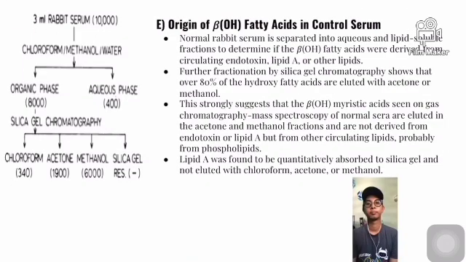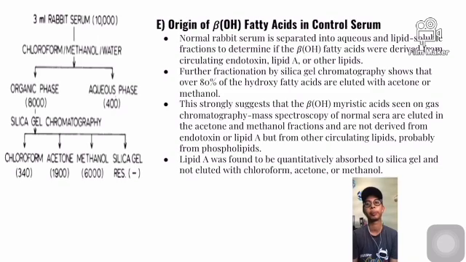The result of origin of beta hydroxy fatty acid in control serum. Normal rabbit serum was separated into aqueous and lipid soluble fractions to determine if the beta hydroxy fatty acid would derive from circulating endotoxin, lipid A, or other lipids. Further fractionation by silica gel chromatography shows that over 80% of the hydroxy fatty acids are eluted with acetone or methanol.